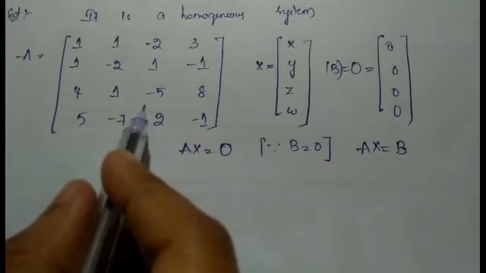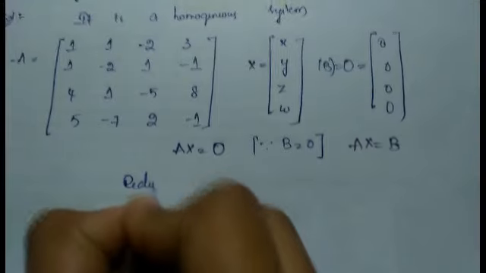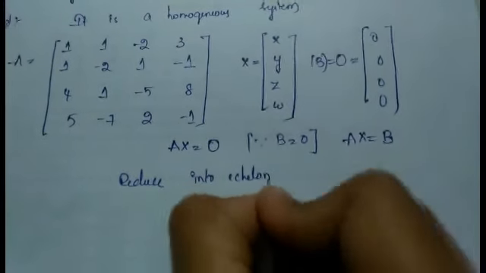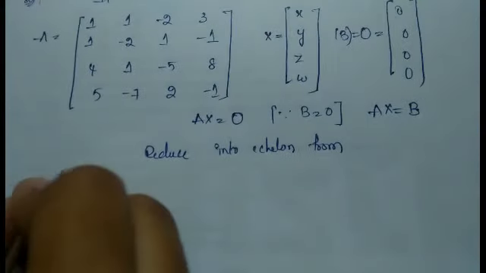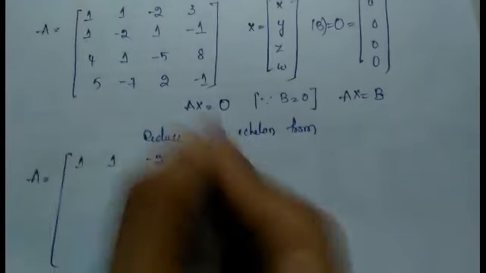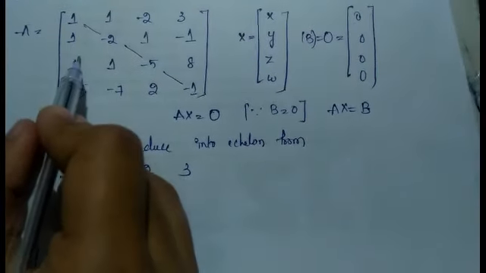Now reduce this matrix into echelon form in order to find its rank. Then we apply the row operations. The first row is 1, 1, minus 2, 3. We have to make the elements below the diagonal 0.